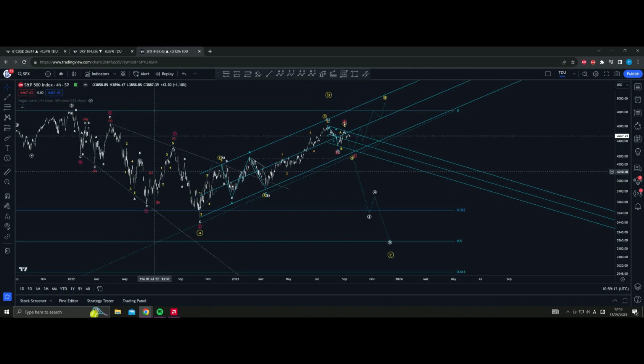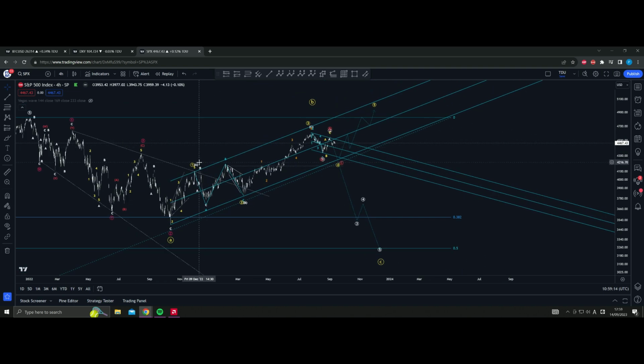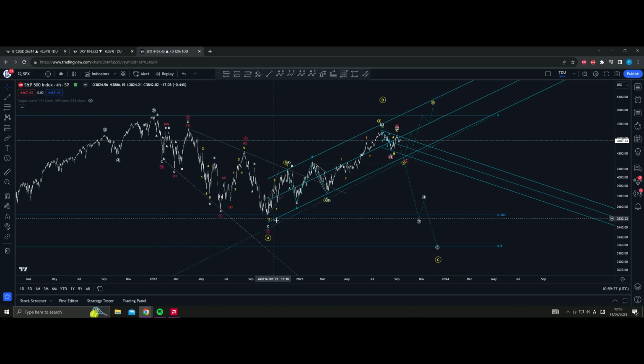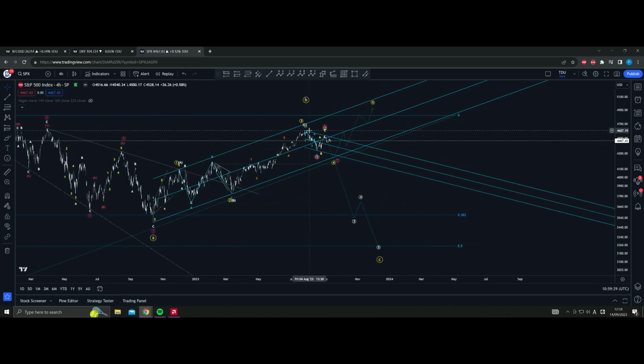All right, corrective, and then I had my corrective here with this being a motive, and then corrective flat, so A, B, impulsive, C, and this would be your corrective, and now we're forming a 1, 2, 3, 4, 5.